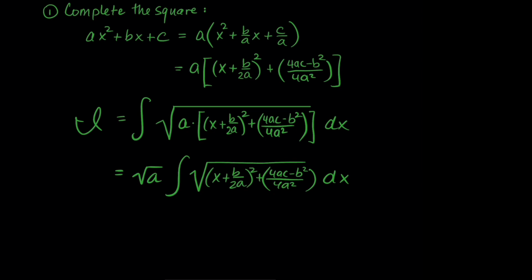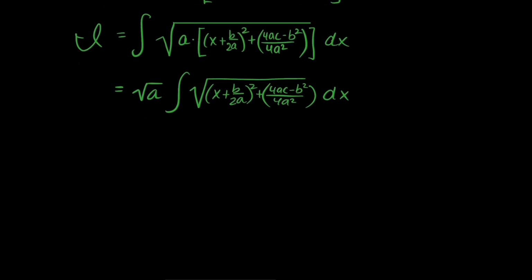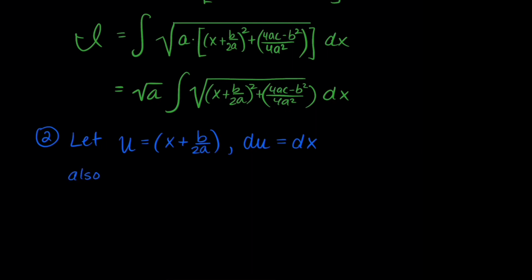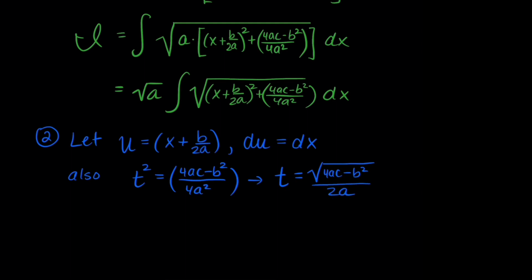So then the next thing we'll do is make a substitution. We'll start by letting u equal the binomial x plus b over 2a, and therefore du would be equal to dx. Also, we're going to let t squared be the term 4ac minus b squared over 4a squared, so that t would be equal to the square root of 4ac minus b squared all over 2a.